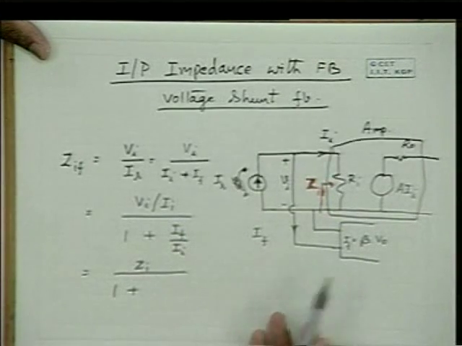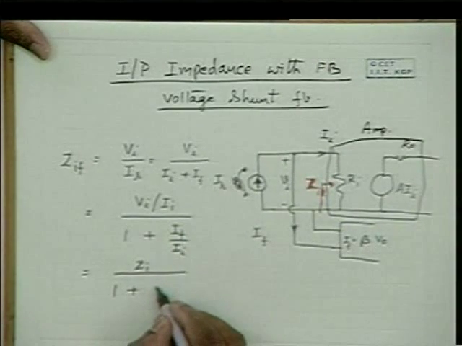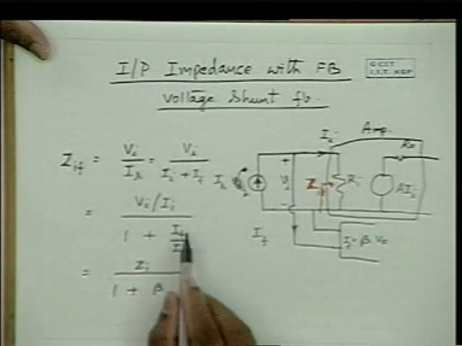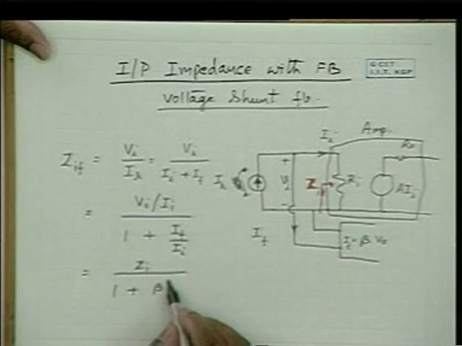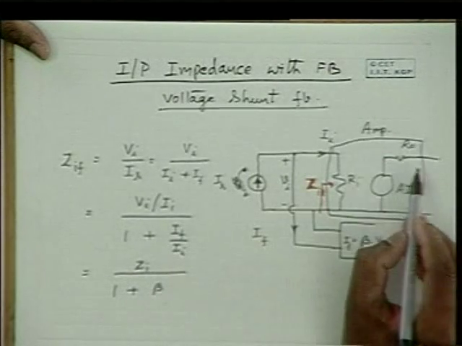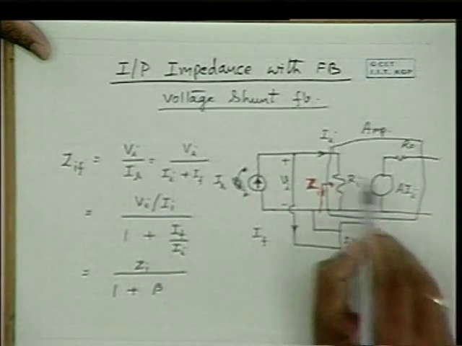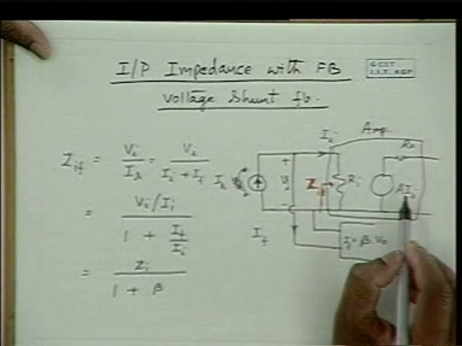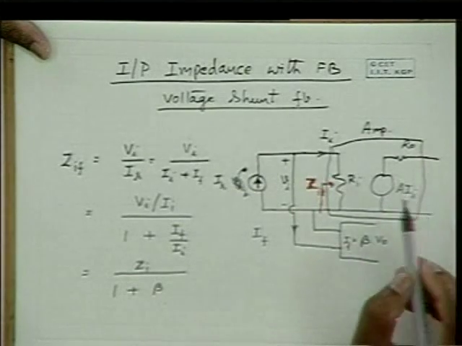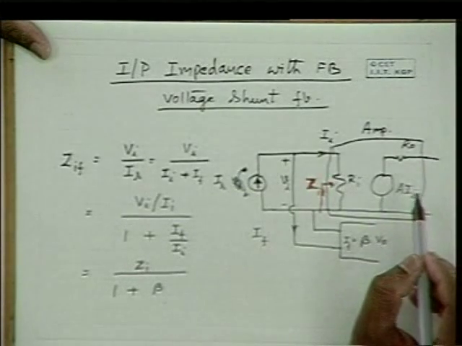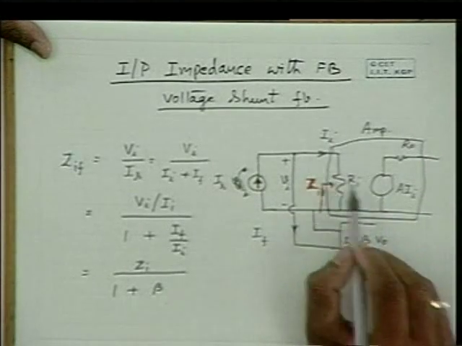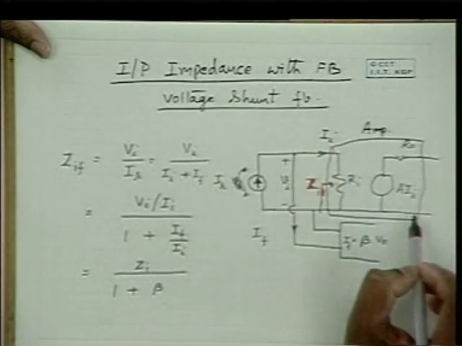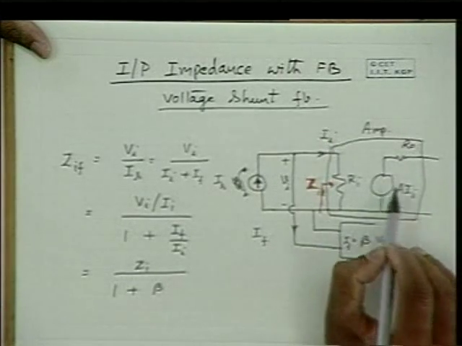Now If can be expressed as beta times V naught, so beta times V naught by Ii. Please note that the V naught to Ii ratio is A, because it is a transimpedance amplifier and the output voltage is equal to A times the input current. So V naught is equal to A times Ii.